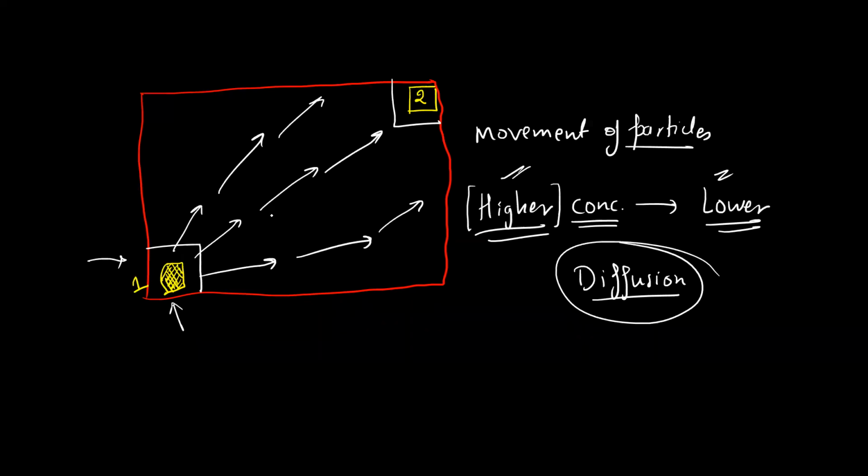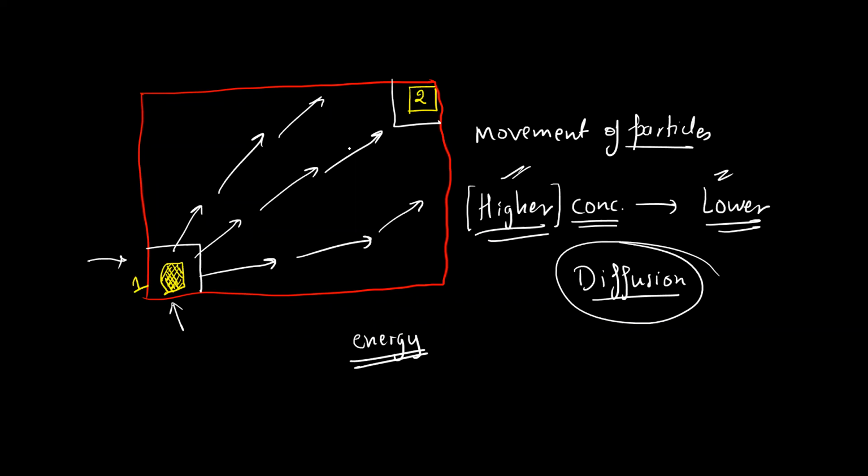I have taken the example of perfume. You can take the example of any deodorant or any other thing, any color. So diffusion is basically the movement of particles from higher concentration to lower concentration. But another thing is energy. No energy is spent on this process.